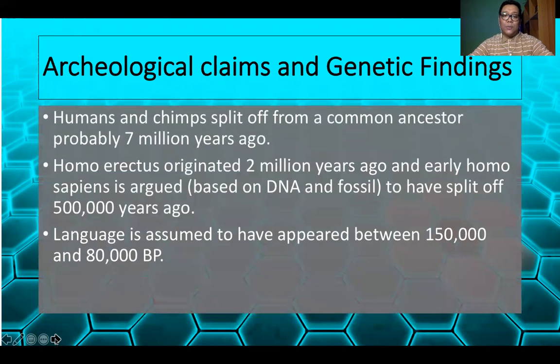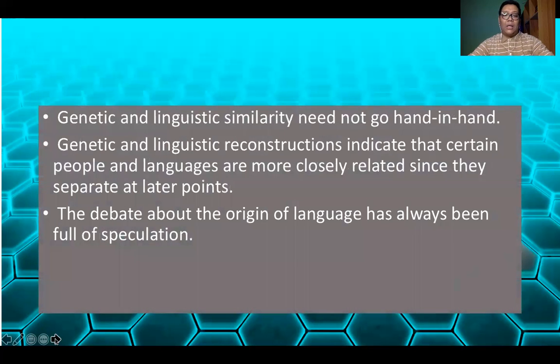Language is assumed to have appeared between 150,000 and 80,000 BP. This one is still an assumption even up to date. Genetic and linguistic similarity need not go hand in hand. We need to remember that whatever genetic findings there could be, they do not necessarily go hand in hand with linguistic similarity. Genetic and linguistic reconstructions also indicate that certain people and languages are more closely related since they separated at later points.